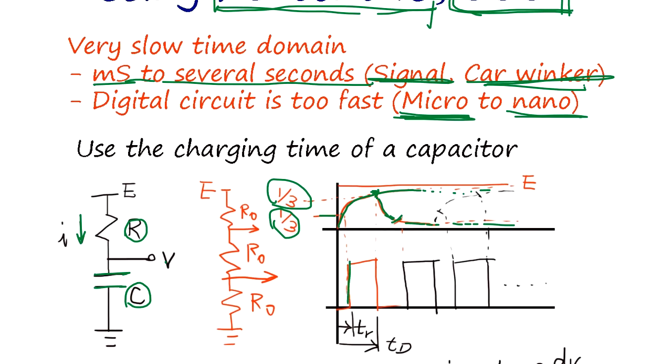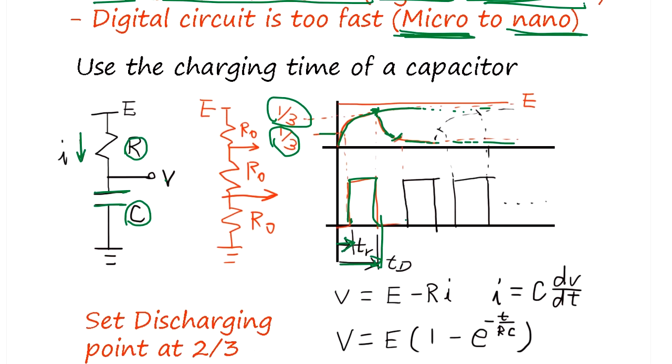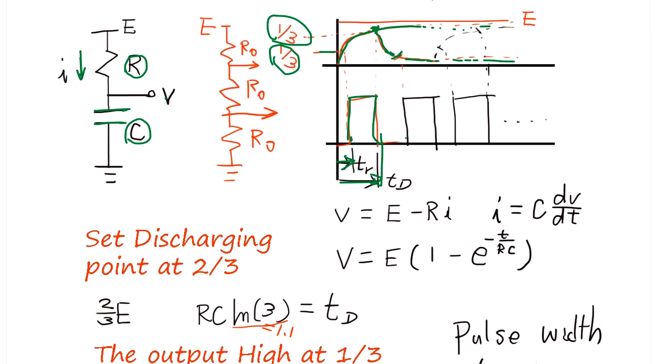Take this kind of circuit output and make a digital circuit, then we have a time TR and TD. Charging, discharging, that's the key of the timing control.